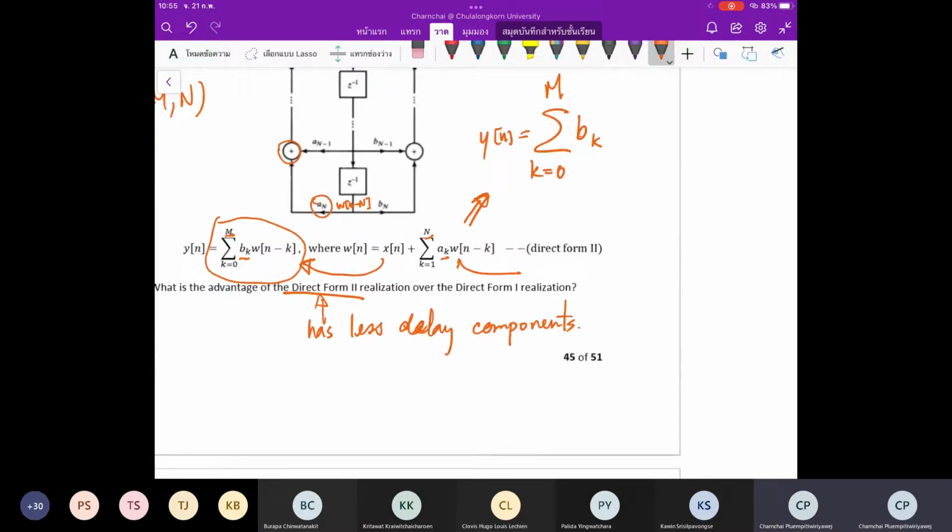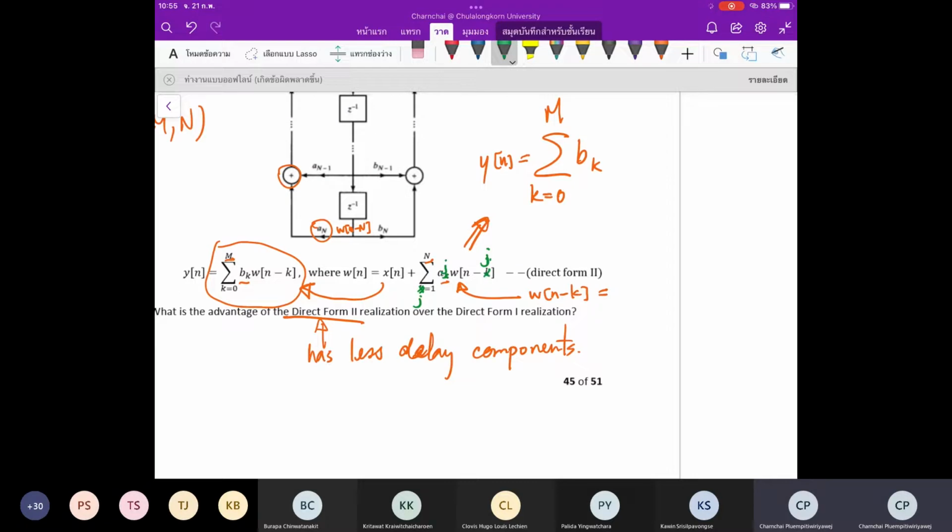From this equation, we could have wn minus k, but I'm going to use a different k now. I'm going to change this k to j, so this k is j and this is aj. So wn minus k, this w becomes n minus k because we want to substitute in there.